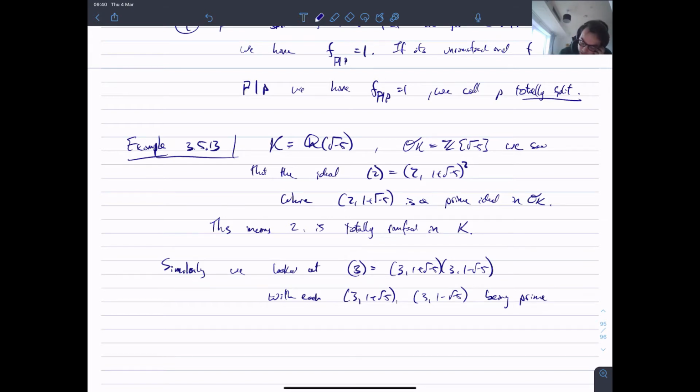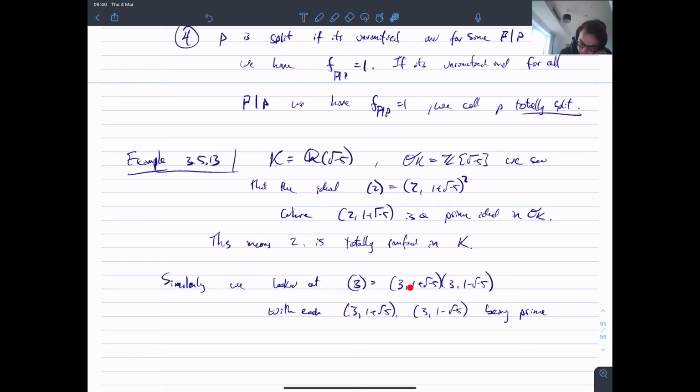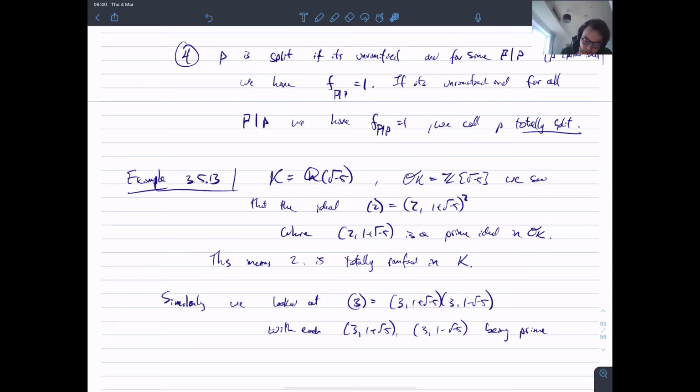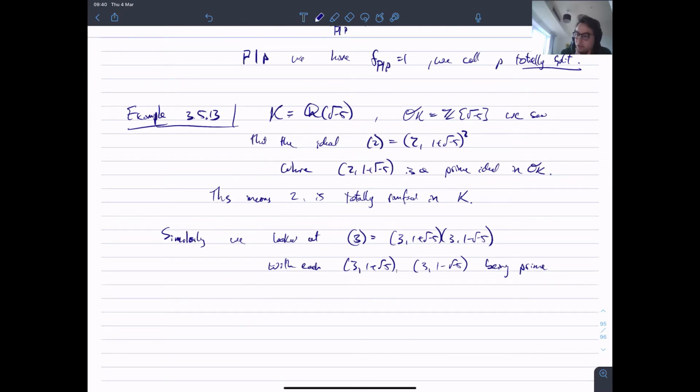So in this case, it has 2 distinct factors, and it'll follow that they're actually going to be split, and they're both going to have residue degree 1, so it's going to be totally split. If you think of what the residue degrees are, so this is totally split.